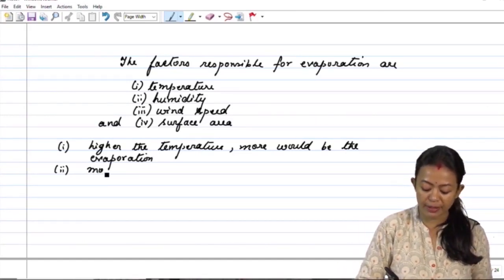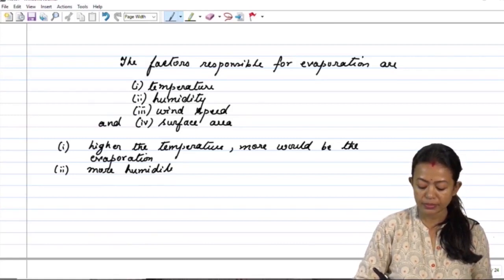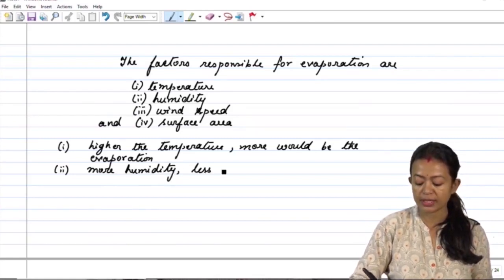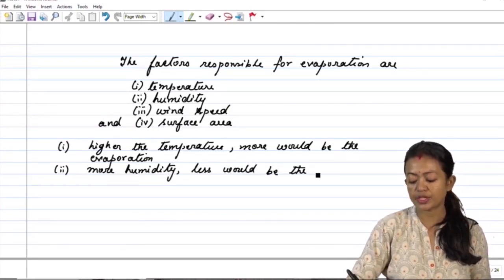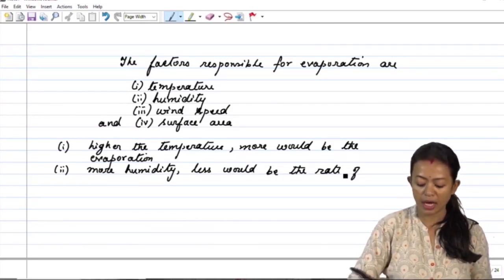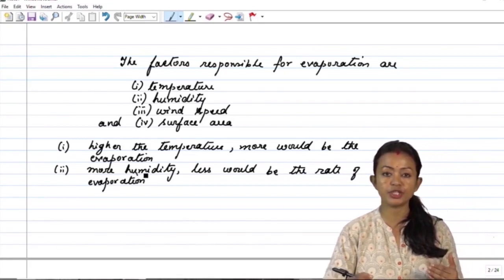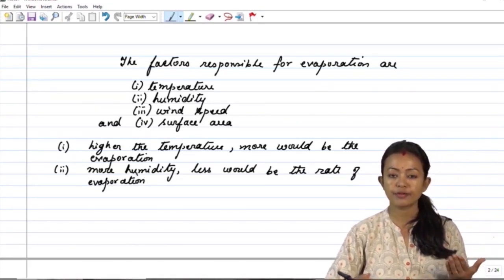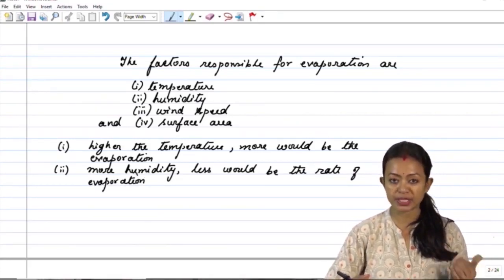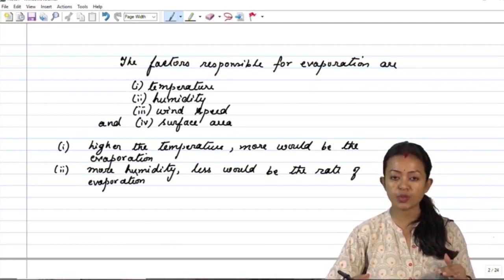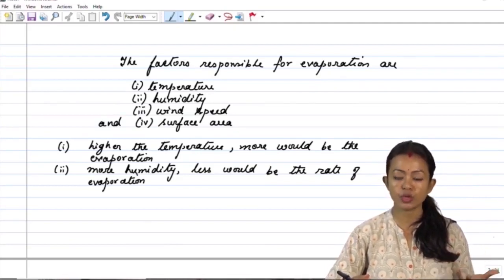More humidity, less would be the rate of evaporation. Now how is it? Because what is evaporation basically? The transformation of water from the liquid state to the vapor state. That is, the liquid water gets converted into the water vapor.